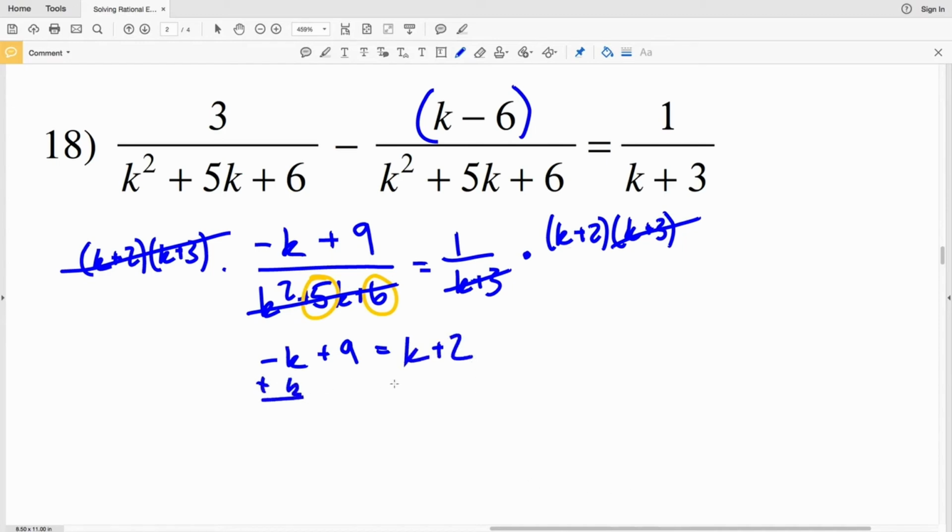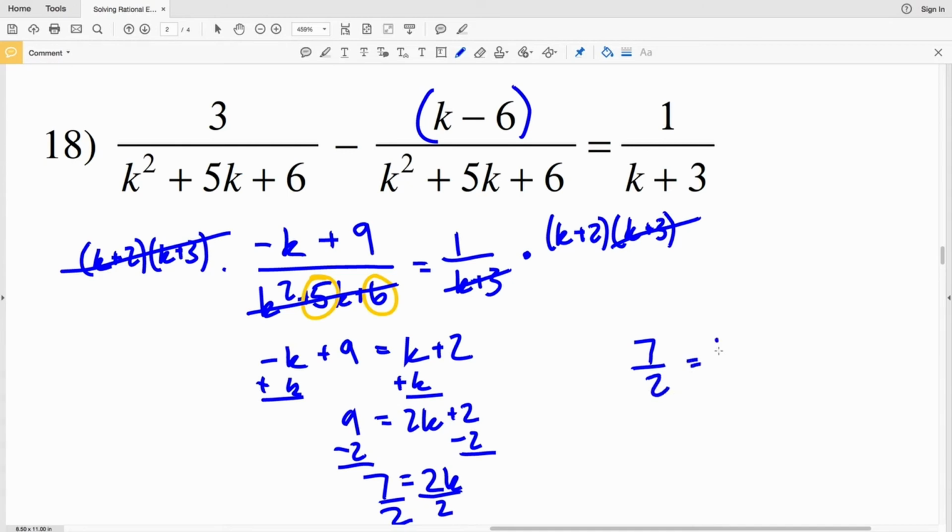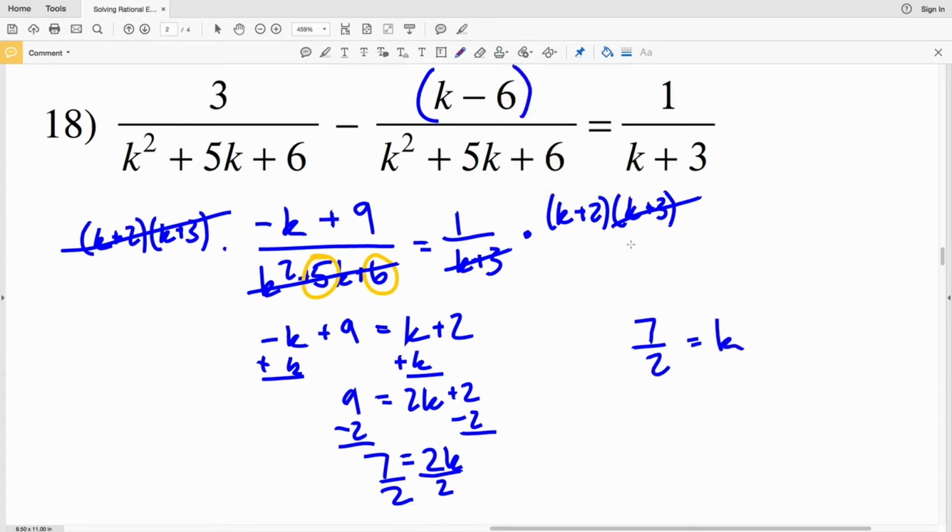Adding k to both sides will give us 9 equal to 2k plus 2, so then I'll subtract 2 to get that 7 equals 2k, and then all we have to do is divide by 2, and we'll get that 7 halves is equal to k. So 7 halves is the solution for number 18.